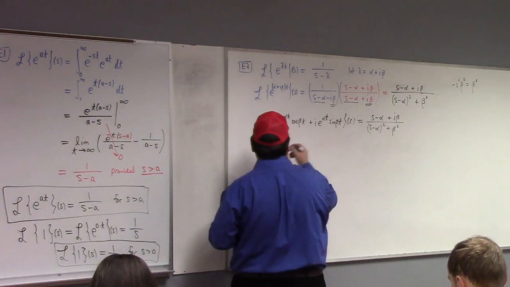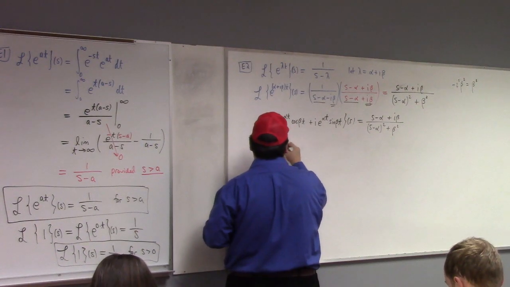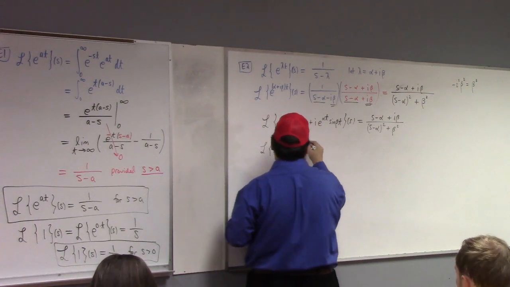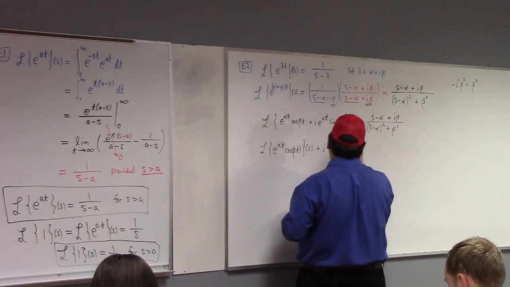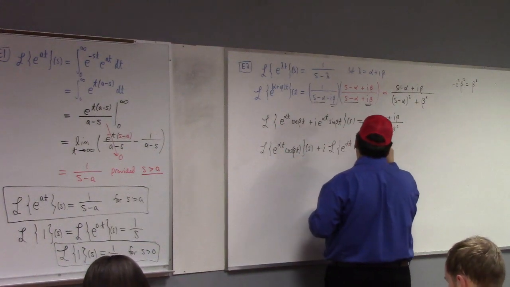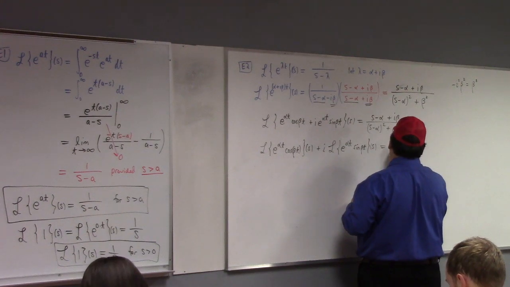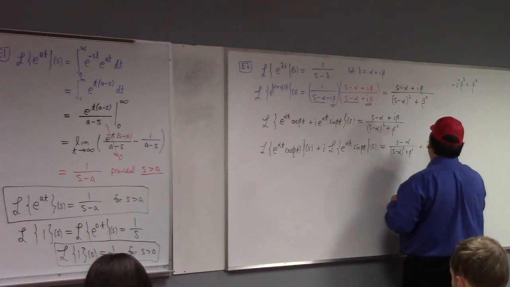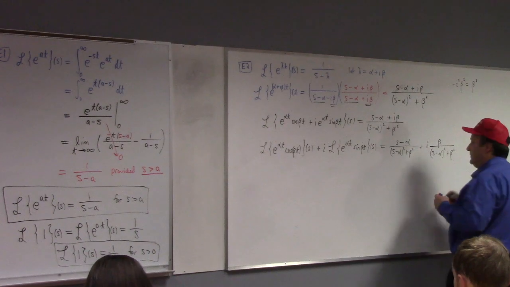And as such, I can use linearity to break this up into the sum of the Laplace transform of e to the alpha t cos beta t plus i times the Laplace transform of e to the alpha t sine beta t is equal to (s minus alpha) divided by ((s minus alpha) squared plus beta squared) plus i times beta over ((s minus alpha) squared plus beta squared).